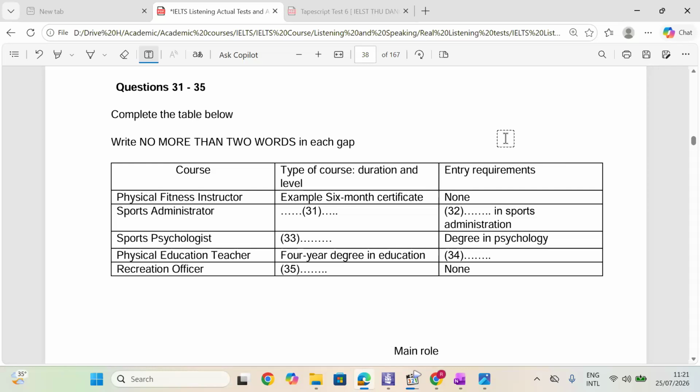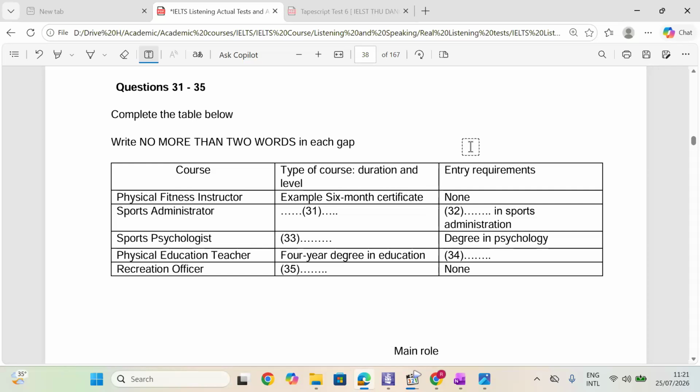Now turn to section 4. Section 4. You will hear a lecture being given to school leavers on the jobs people can get in sport and the training programs available to prepare for those jobs.